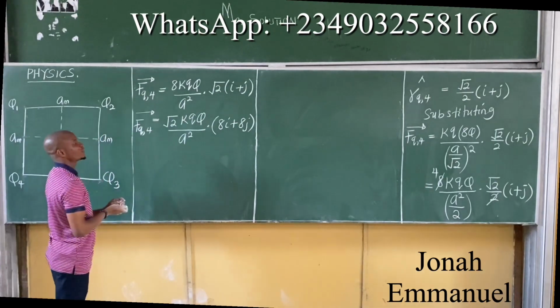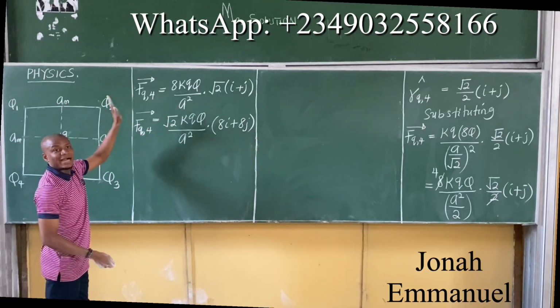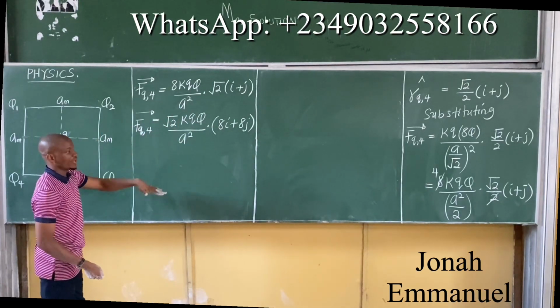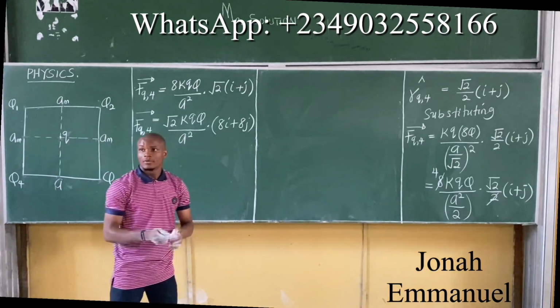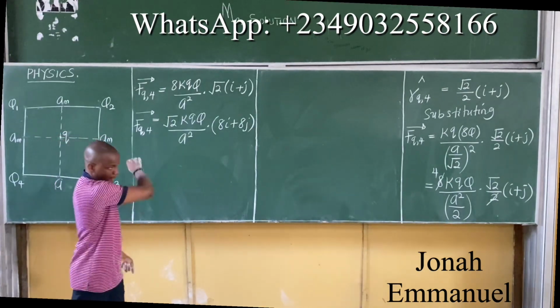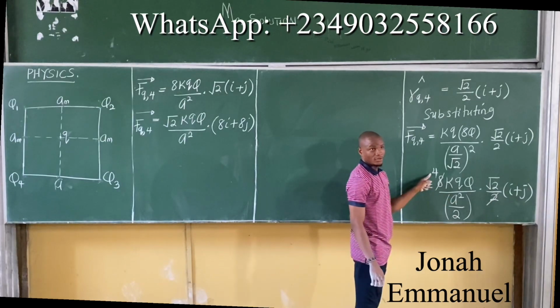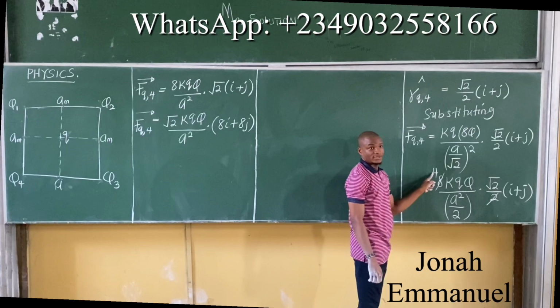So to get FQ resultant, let's now add up all our answers for FQ1, FQ2, FQ3, and FQ4. Add up everything. These 2 comes here. That is 8.